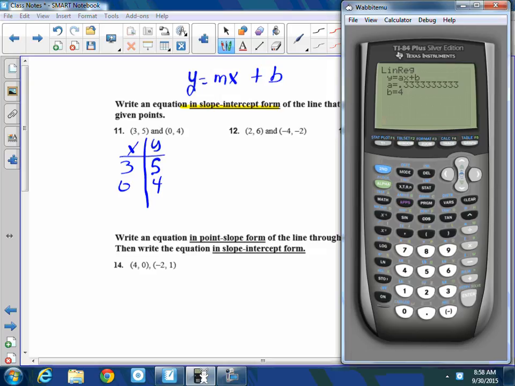Let me tell you. When you have a repeating decimal and you want to change it to a fraction, if you don't know what that is, that's 1/3. 0.333 is 1/3. 0.666 is 2/3. If you don't know that, it's okay. But this is how you write it on the calculator.